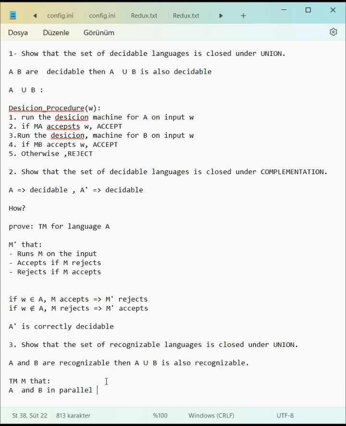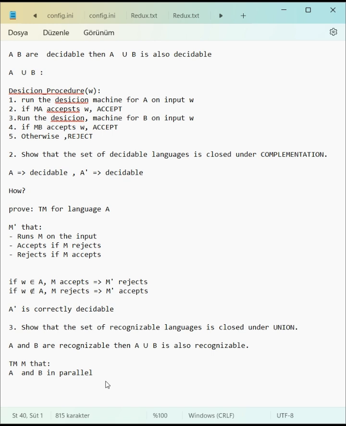Now, like in the first and second questions, here we again write the correctness. If w is an element of A, A accepts.